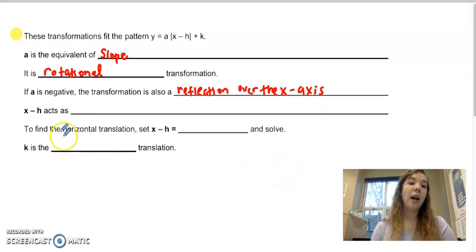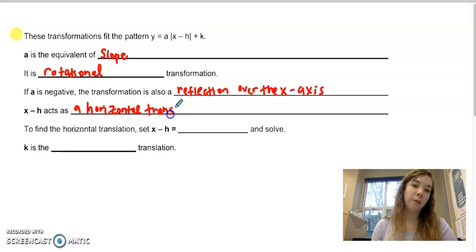X minus h acts as a horizontal translation. To find the horizontal translation, set x minus h equal to 0 and solve.